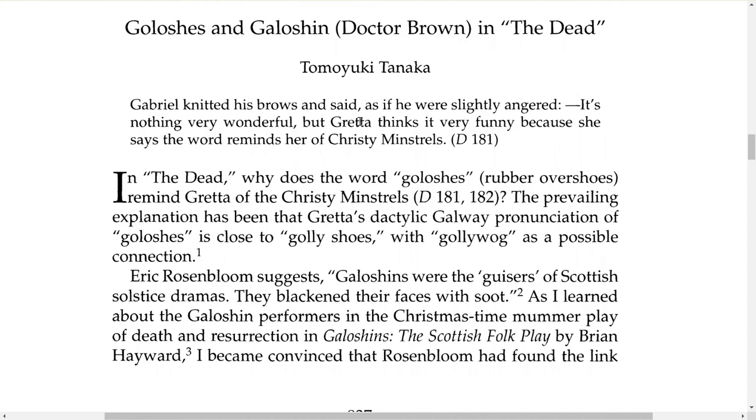Here, the author is simply asking a question: why does it remind this character of that other character, or that notion? The prevailing explanation has been that Greta's dactylic Galloway pronunciation of galoshes is close to golly shoes, with gollywog as a possible connection. So that form of pronunciation, in the Irish accent, of the word galoshes connects that idea to Christy Minstrel, which is a figure in Irish history.